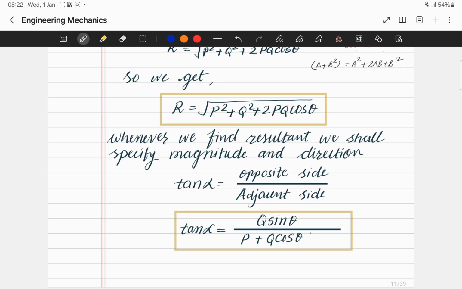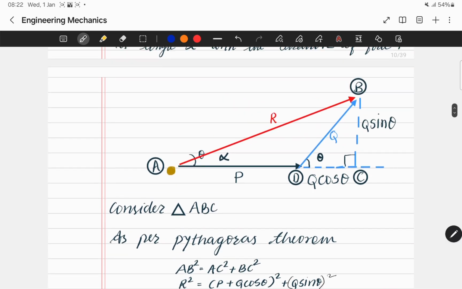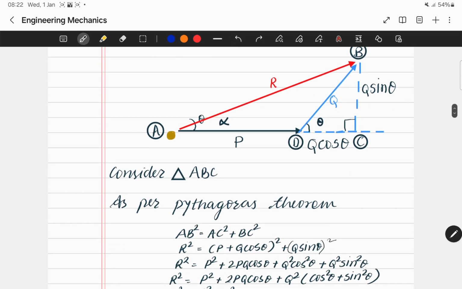As we know, tan alpha is the opposite side upon the adjacent side. This is alpha; the opposite side is Q sin theta and the adjacent is P plus Q cos theta.